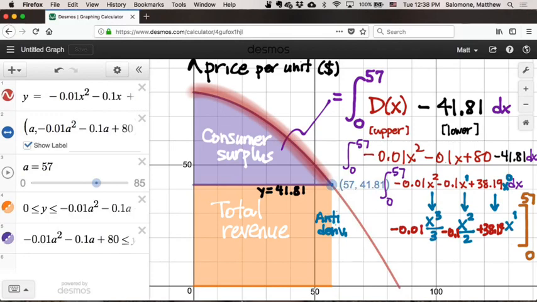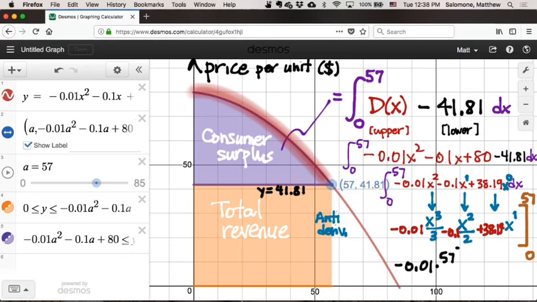And you'll notice, by the way, for this antiderivative, if I plug in 0 for x, what are we going to get? Yeah, every one of my terms here has a factor of x in it. So when I plug in a 0 for x, everything just wipes out. So our final answer is going to be the result of plugging in 57 into this expression. And so there is then a case to use our calculator.